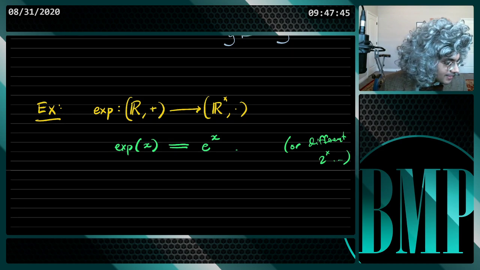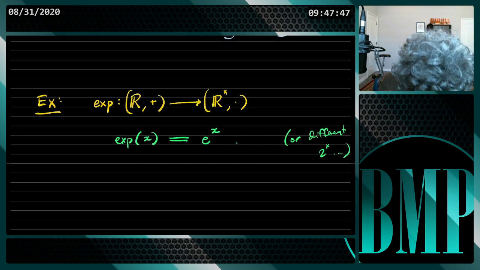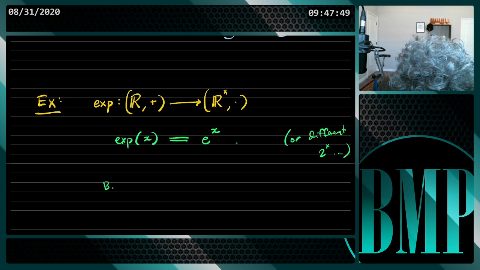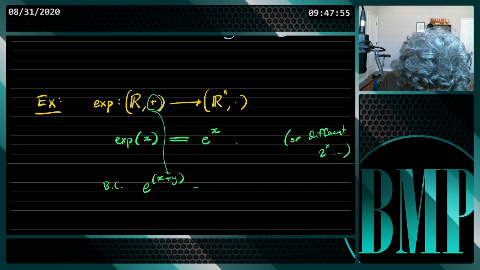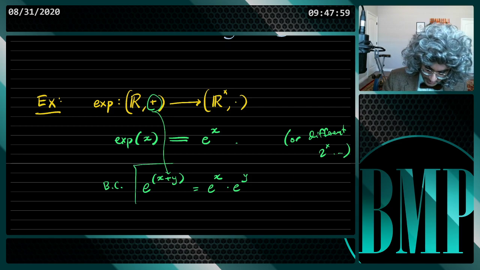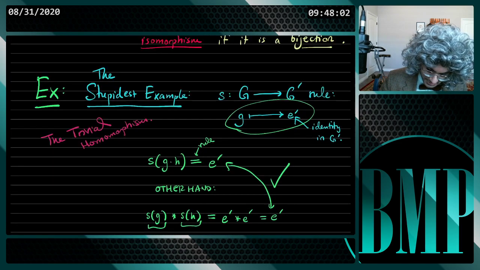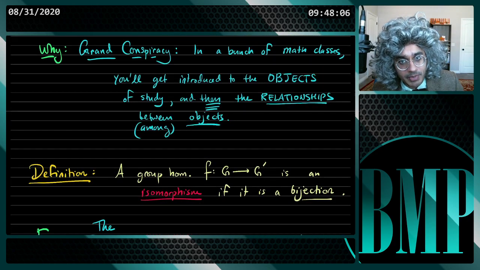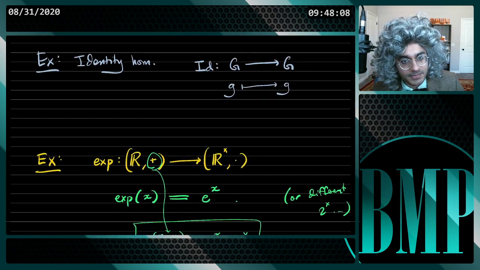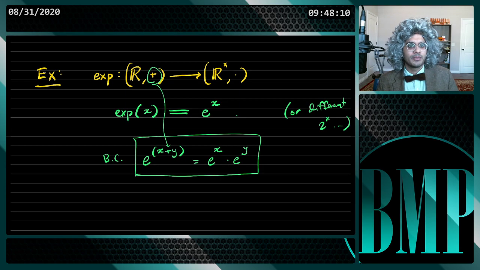Because e to the x plus y is e to the x times e to the y. And this rule is just respecting the two group laws. Now I want to say something.